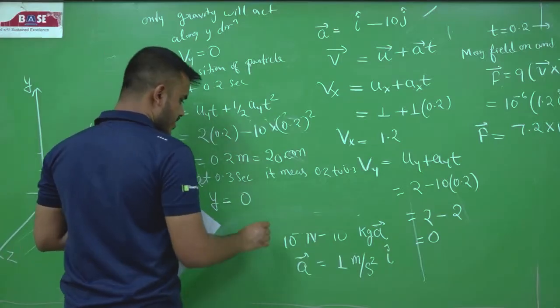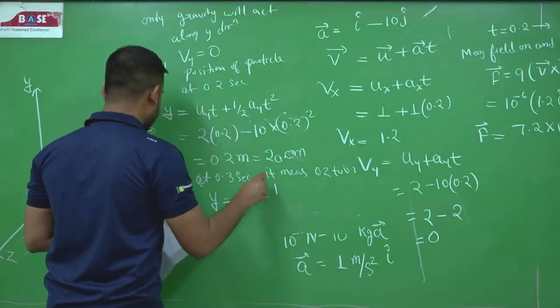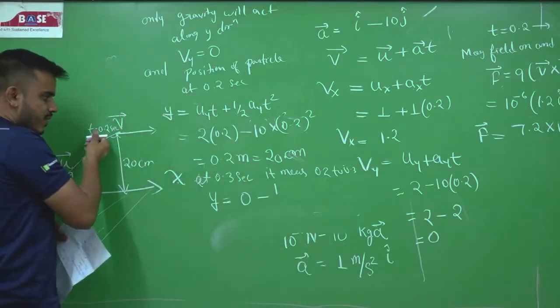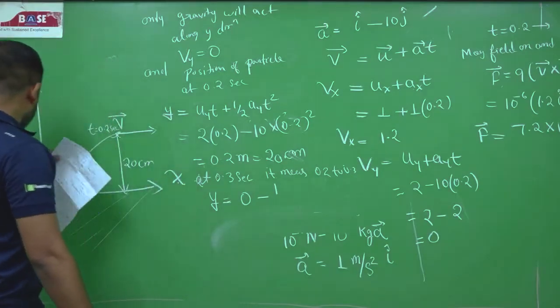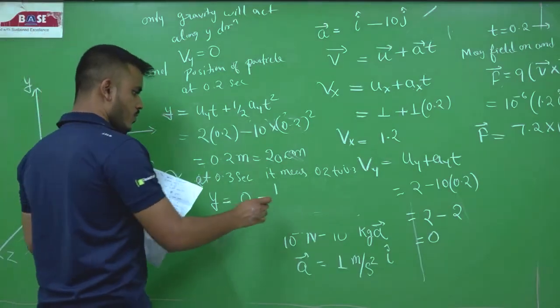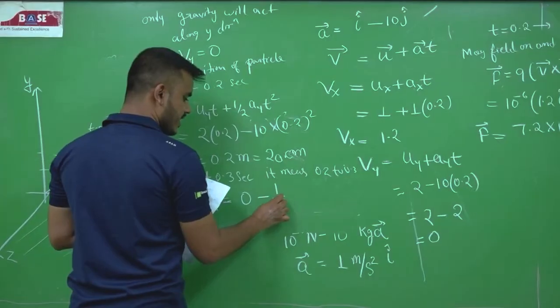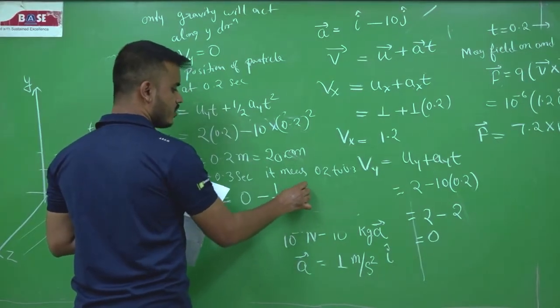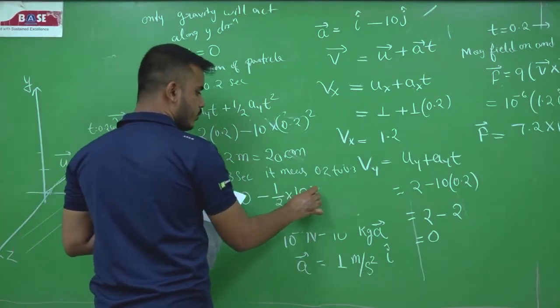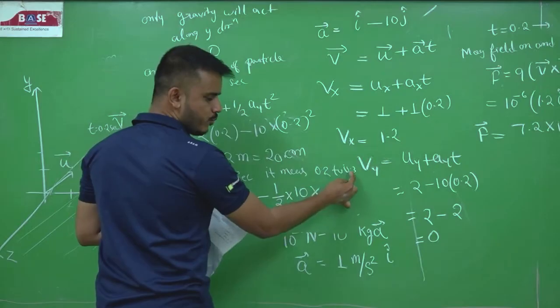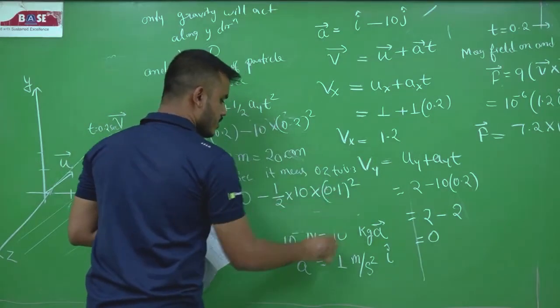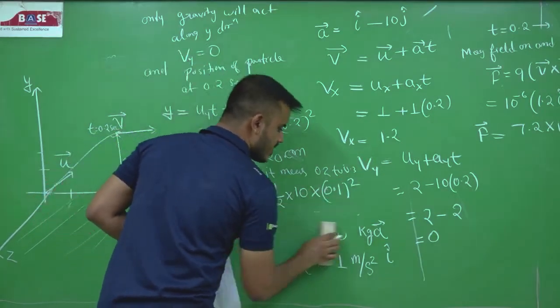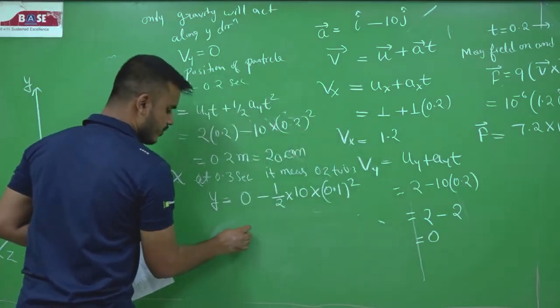So at 0.2 second the initial velocity is 0, minus, only the gravitational force is acting downward because the magnetic force is acting perpendicular to the y direction. So only gravitational force is acting, so half into the acceleration because of gravity, minus 10, into t, for this time interval from 0.2 to 0.3 the time is 0.1 square. So what is the displacement of the particle in this 0.1 second?